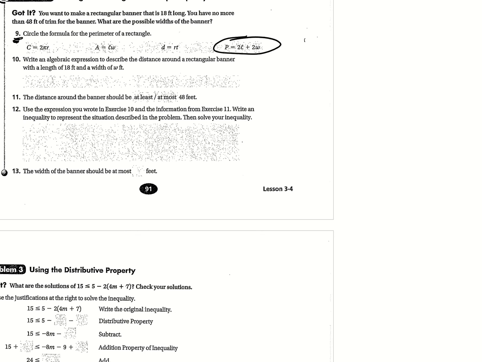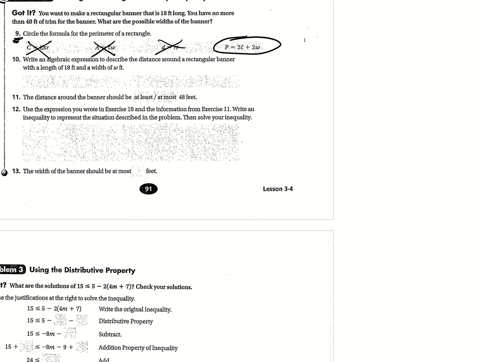This one is a circle, so that one wouldn't work. The second one is area, which doesn't work. And the third one is distance equals rate times time, so that one is not it either. So that fourth one, perimeter equals 2 times the length plus 2 times the width, is your perimeter formula for a rectangle.